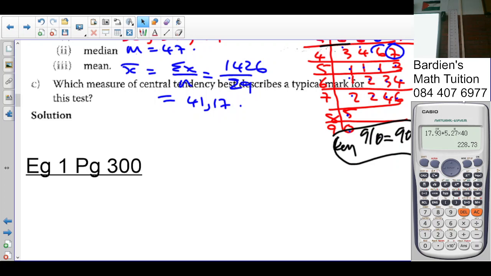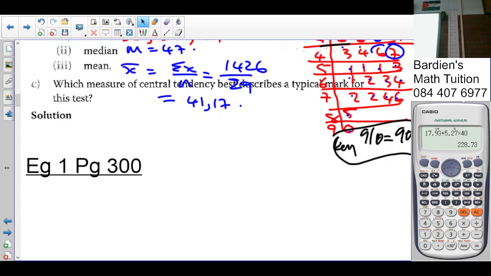So we have outliers here. The median, which is 46%, would be a good value to use, as half of the learners got less than 46% and half of the learners got more than 46%. You guys understand? So remember again, if there are outliers or values lying on the extremes, then it distorts your mean.